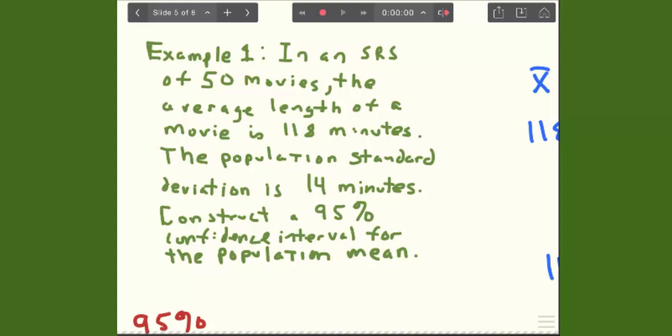So the other requirement was that we have a normal population, or a large sample. It doesn't say the population is normal, so we can't really assume that. We have a sample size of 50. That means that skew is okay, and outliers are okay because we're greater than 40.